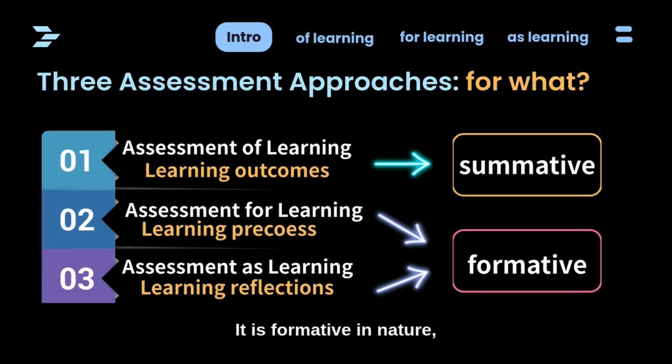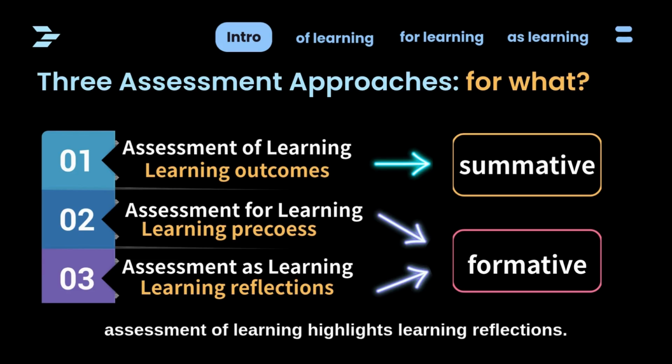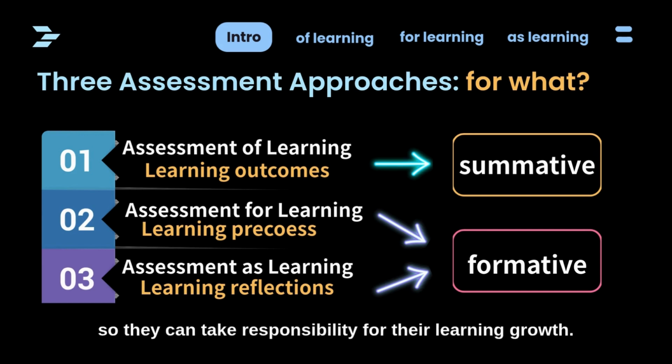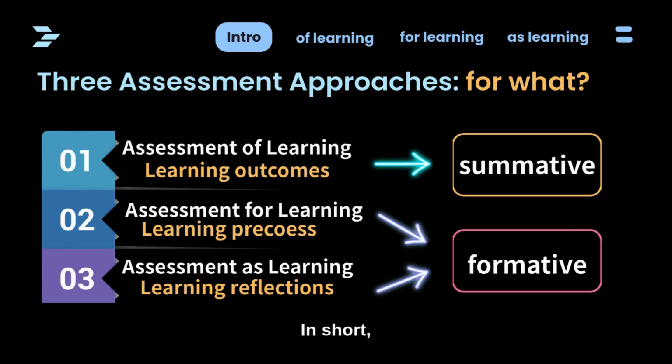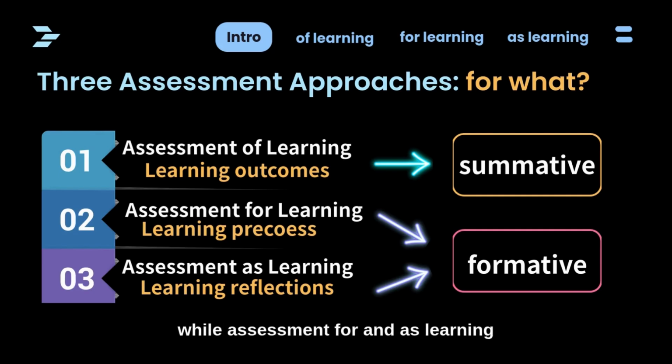It is formative in nature, supporting ongoing improvement by providing feedback that helps learners progress while they are still learning. Third, assessment as learning highlights learning reflections. This is also formative, encouraging students to monitor and reflect on their own thinking so they can take responsibility for their learning growth. In short, assessment of learning checks what has been learned, while assessment for and as learning guide and support continuous learning.